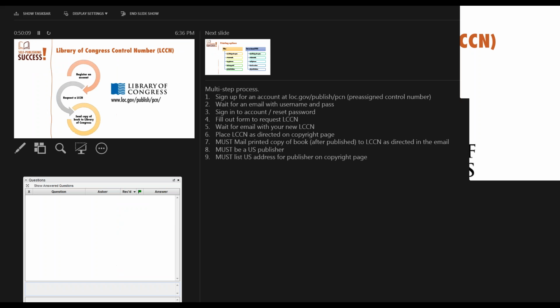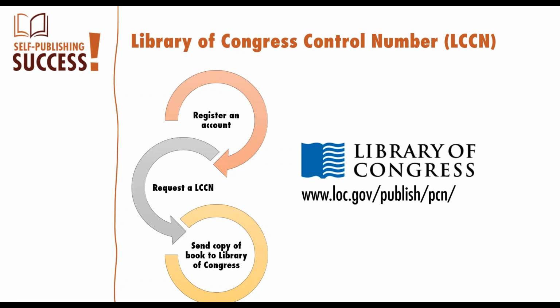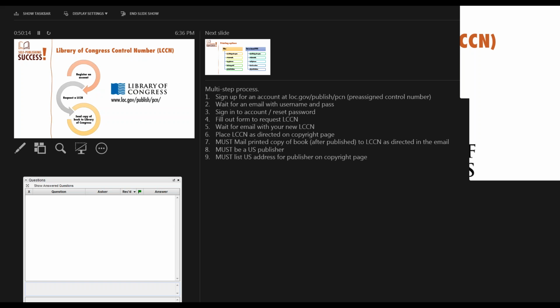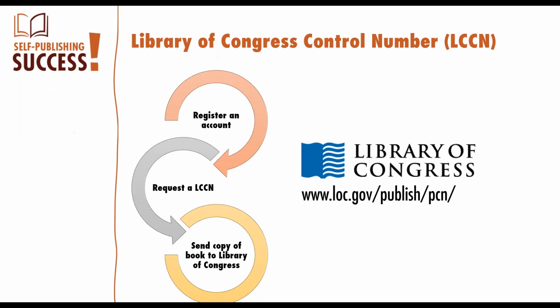Once they set up your account, they will send you a username and password. You can then log into your account and request an LCCN for your book's title. Once you do that, it'll take them a couple days, and they will email you your Library of Congress control number, and you will want to put that on the copyright page of your book before it's published.